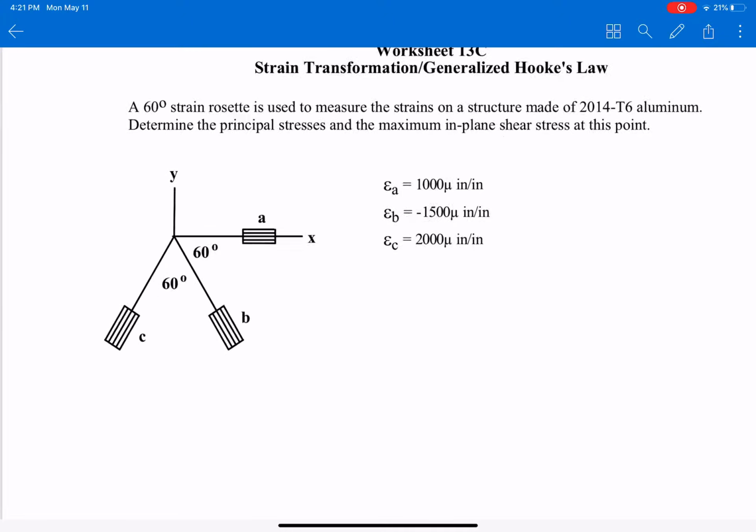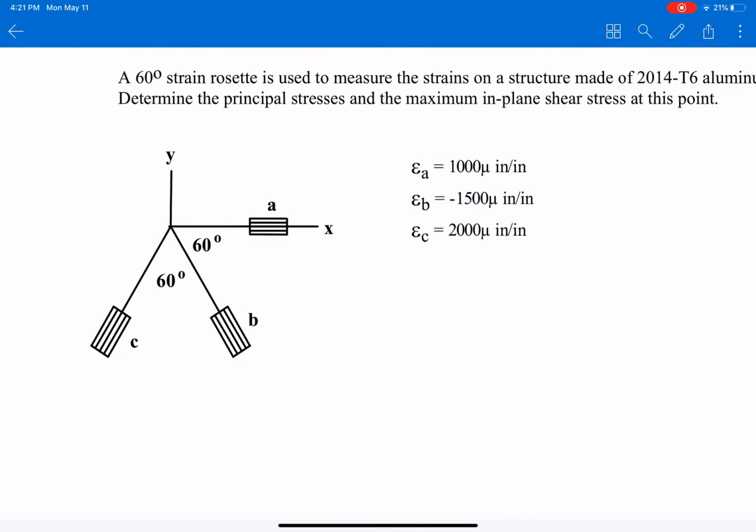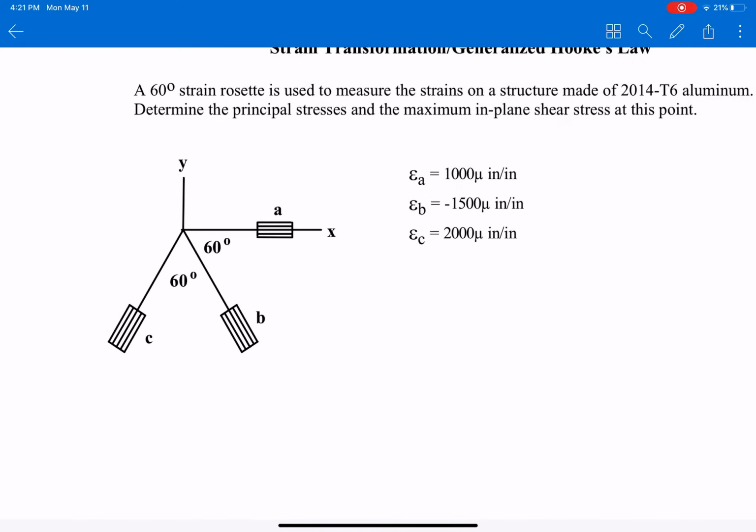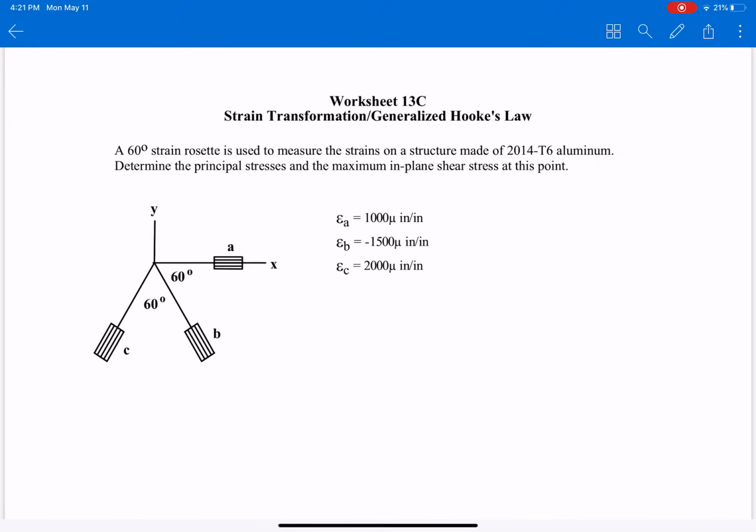And just to remind you, A goes to the x-axis, so theta A in this case equals 0, theta B is negative 60 degrees, etc. So the process will be the same, and then we move on to the process we did in worksheet 13b.